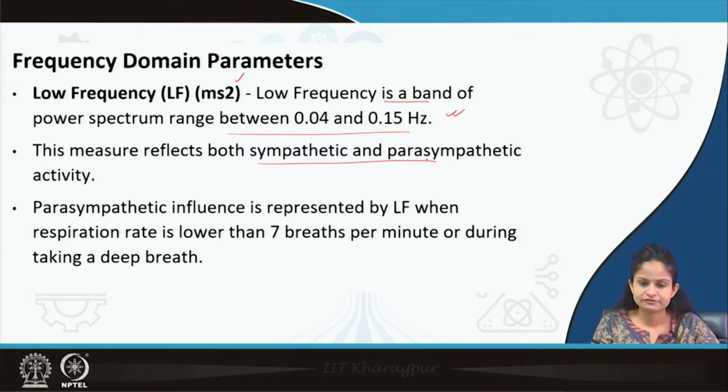Whenever we are preferring short term HRV and the frequency domain parameters, we should make sure the person is having normal breathing, because respiration plays a very important role in heart rate variability.